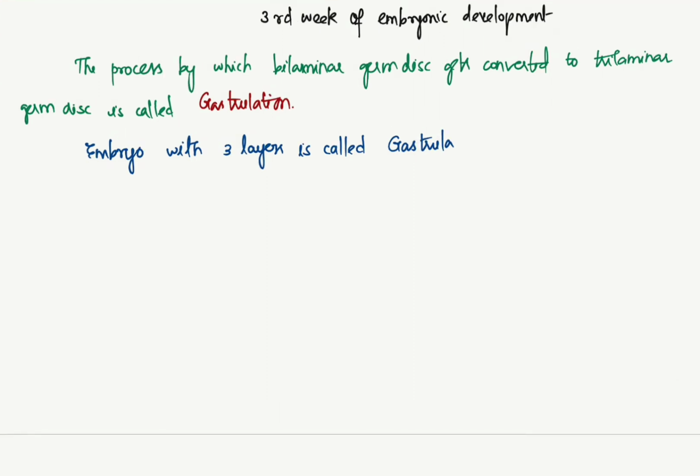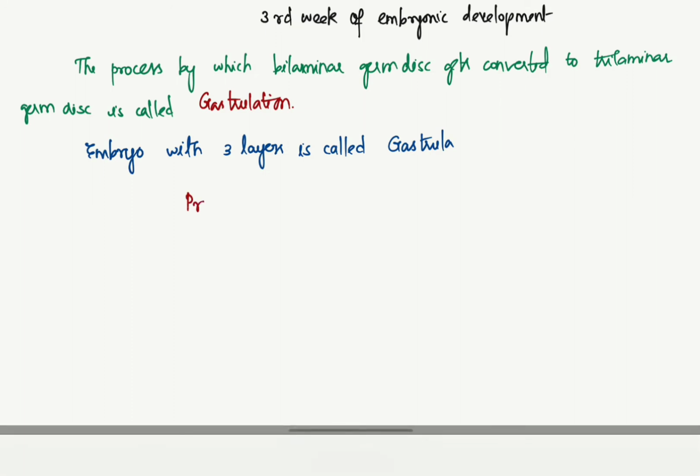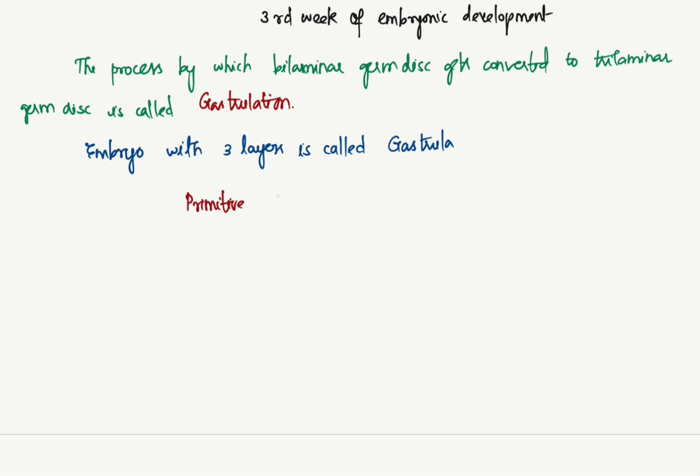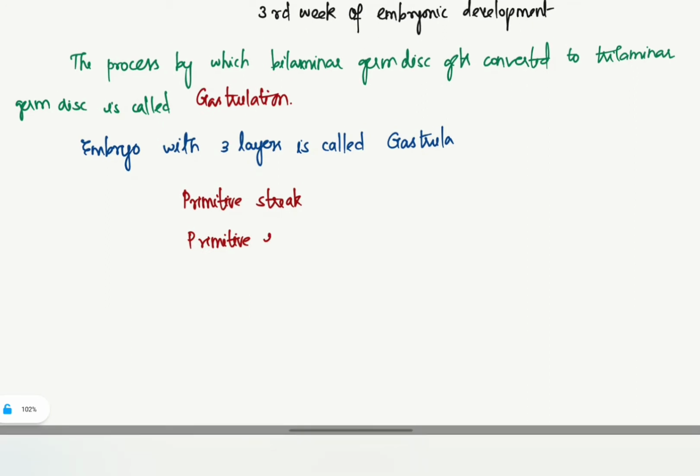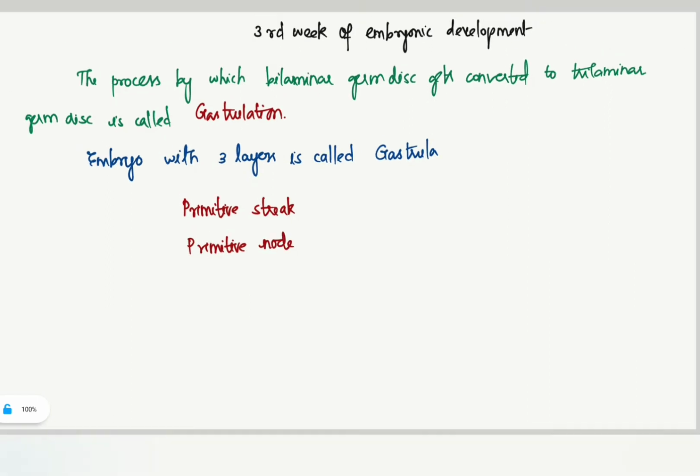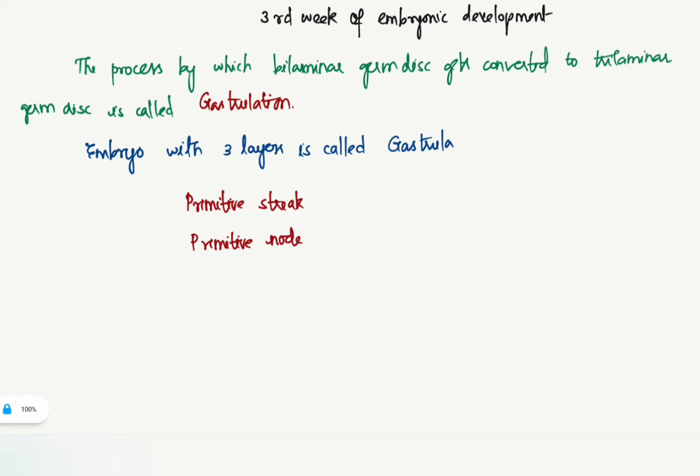Before discussing the process of gastrulation, we must know what the primitive streak and primitive node are, the location where they develop, and what is involved.